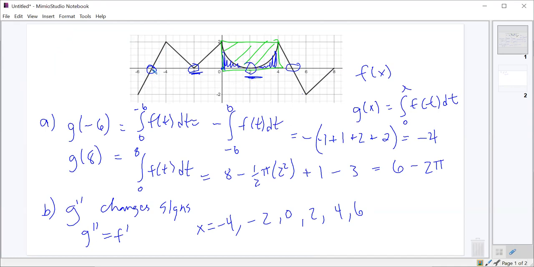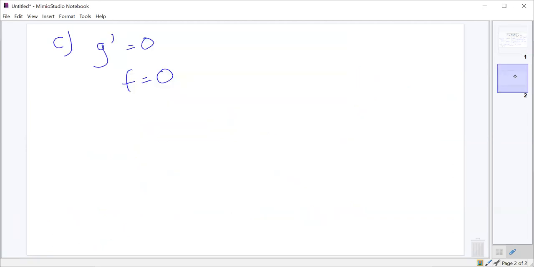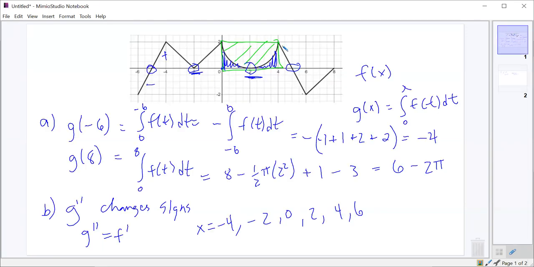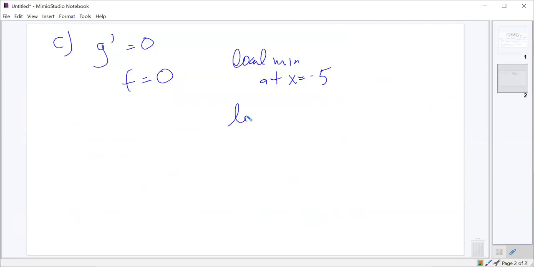It changes signs at -5 from negative to positive, which means that if the derivative is going from negative to positive, the function is going from decreasing to increasing. So we have a local min at -5. And we went from positive to negative, which means the function goes from increasing to decreasing at 5, which tells us we have a local max at x equals 5.